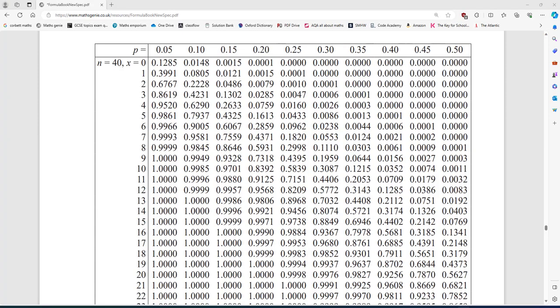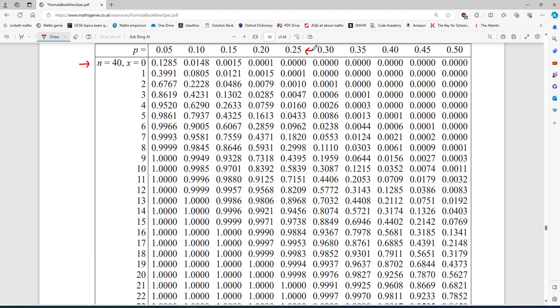So now if we go to our binomial tables, the probability is 0.25, so let's highlight that. 0.25 is here and n is 40, which is there. And we want to find the value that's closest to 0.01. Now notice it says as close as possible. It doesn't need to be less than it.